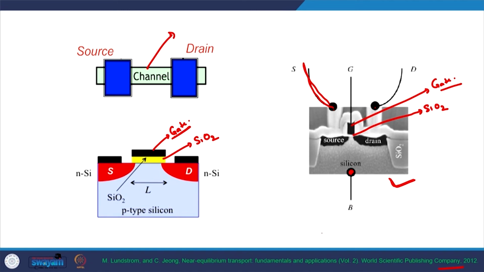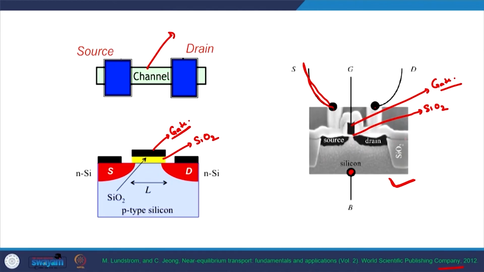Nowadays we typically fabricate a lot of transistors on the same piece of semiconductor, and in order to separate adjacent transistors, we use insulating layers in between, like a thick silicon dioxide layer, as shown at the sides of the drain terminal. So, this is how an actual MOSFET looks.